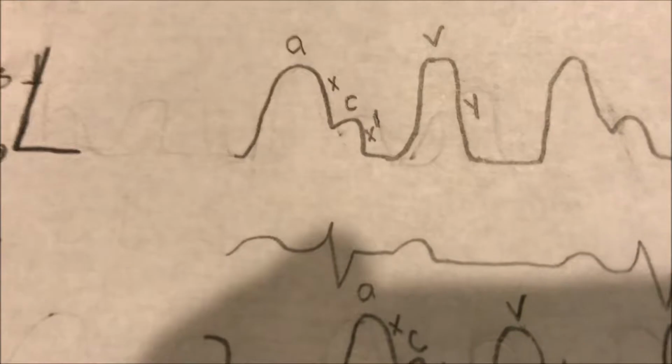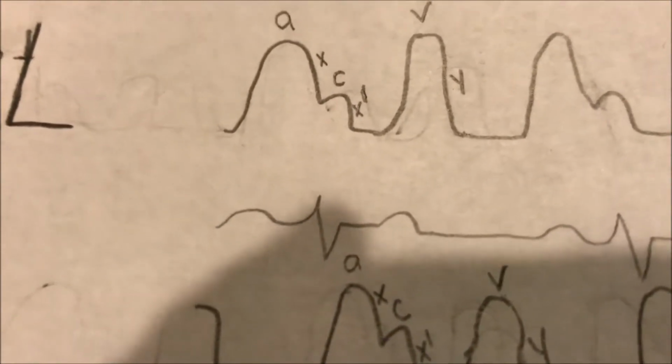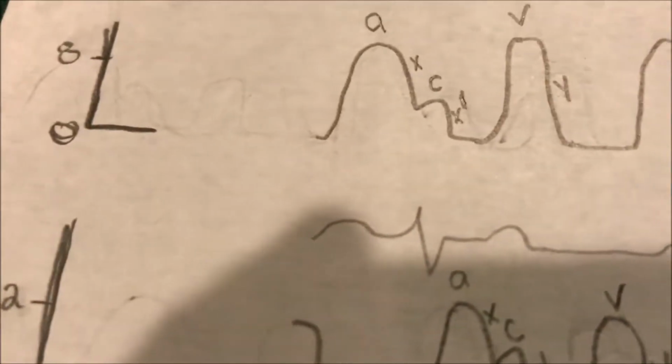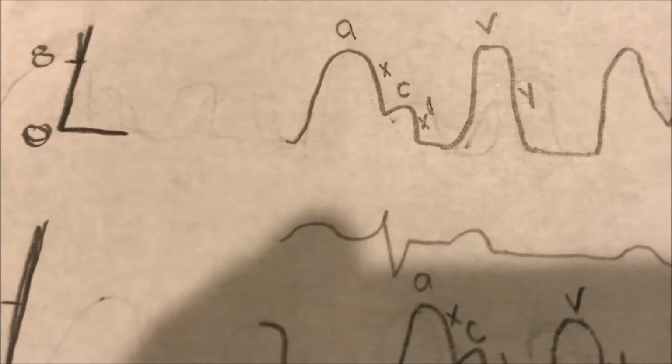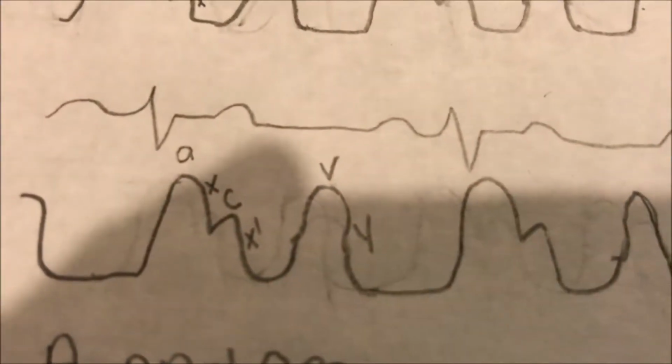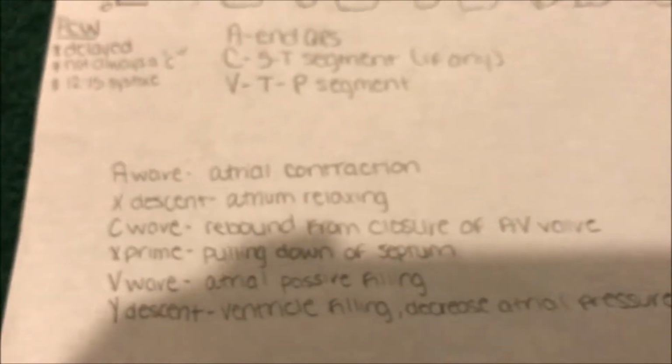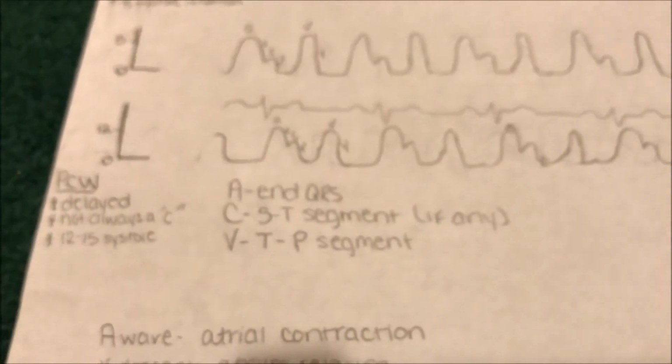You can see how that section fits right into the PQRST, right at the very end of the T is where everything ends. Here it starts a little later and also ends a little later. This is because of the delay when getting your PCW. So, like I said, PCW is delayed.